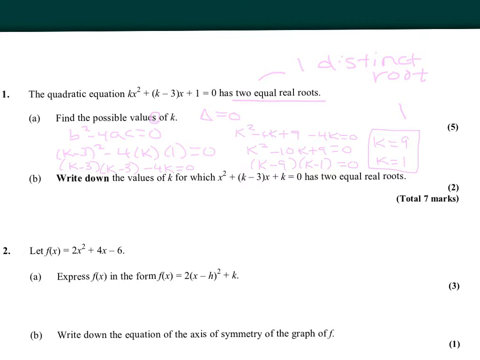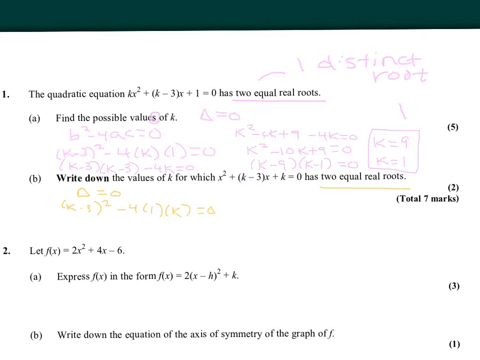Okay, so then it says write down the values of k for which this equation has 2 equal roots. Now when we go to solve this, 2 equal roots, again, that's one distinct root, so the discriminant has to be 0. B squared, so k minus 3 squared minus 4 times, now a is 1 and c is k.